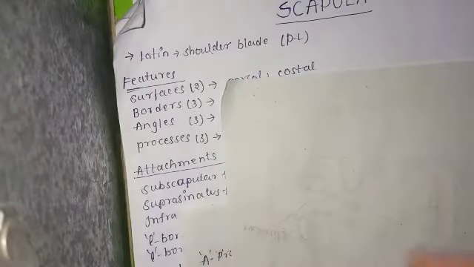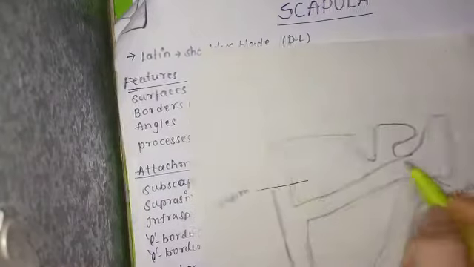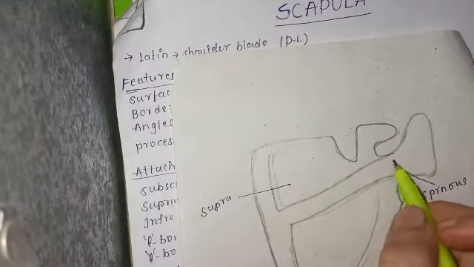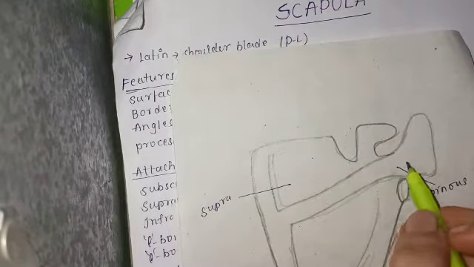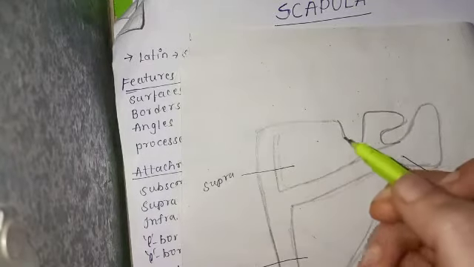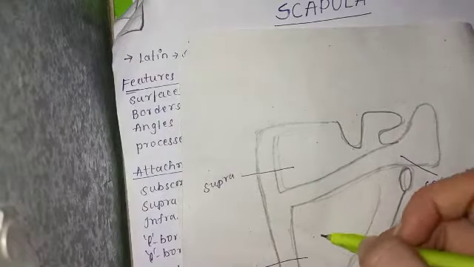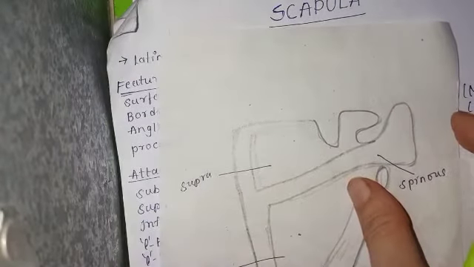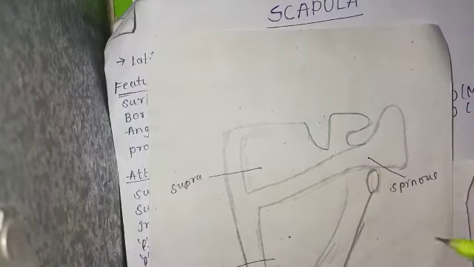Coming to spinous process, this is the spinous process. Now this is a triangular plate which is present on the dorsal surface of our scapula. It divides the scapula into supraspinatus fossa and infraspinatus fossa, and it has mainly three borders and two surfaces.